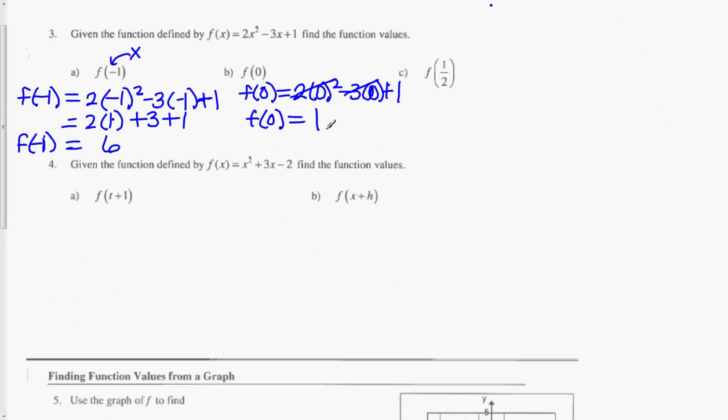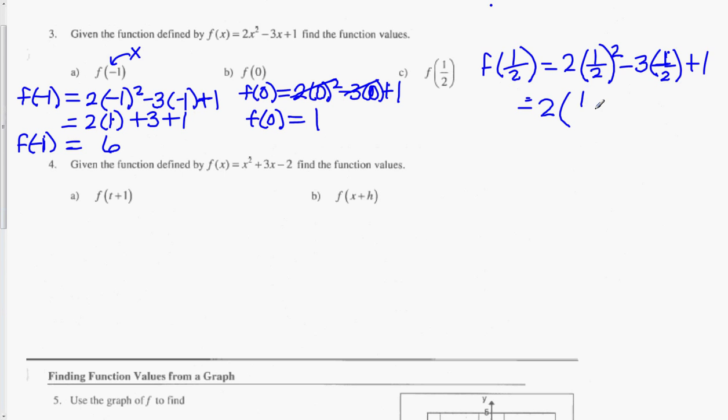Now, here's our favorite thing to do, fractions. F of 1/2, I'm going to put in then 2 times 1/2 squared minus 3 times 1/2 plus 1. All right, use order of operations. So I need to square my 1/2. 1/2 squared would be 1/4. 1 times 1 on top, 2 times 2 on the bottom.